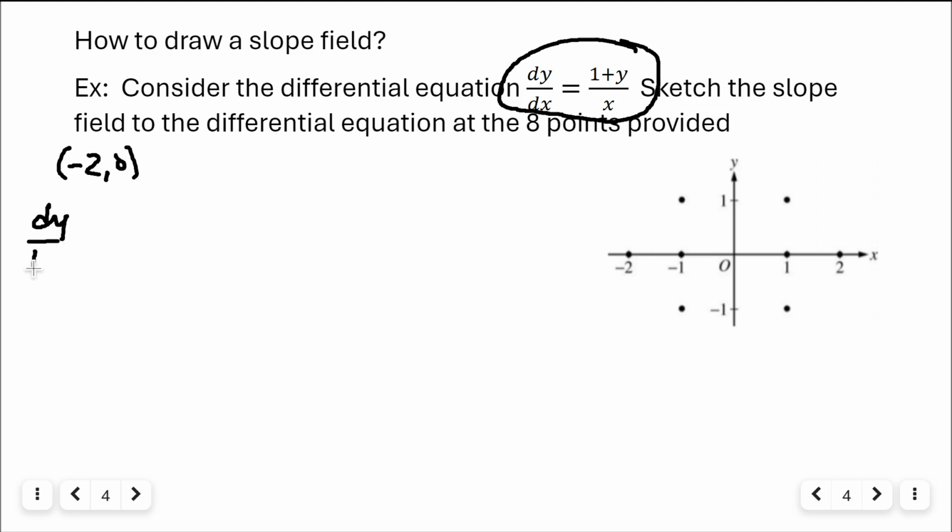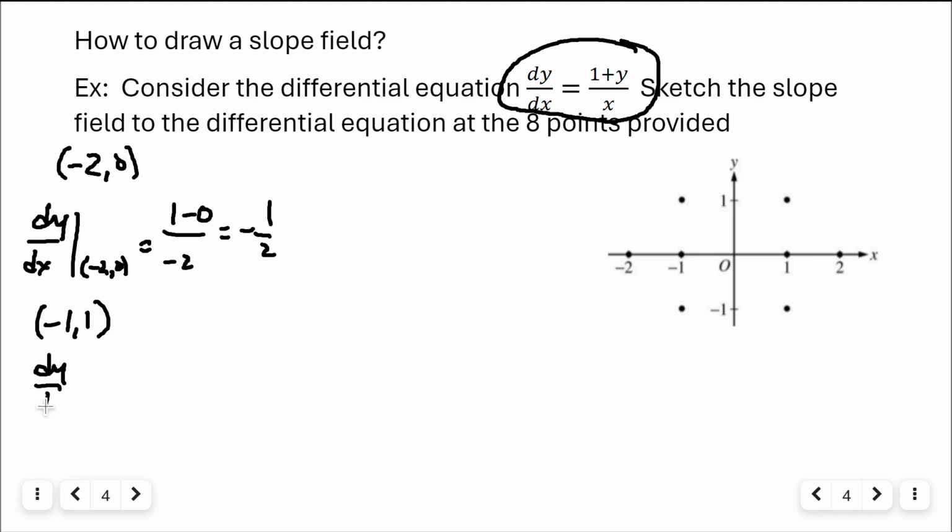So dy/dx at (-2, 0) would be 1 minus 0 over negative 2, so negative 1/2. Okay, let's keep going. We're going to evaluate all of these, and then we'll draw them all on the plane over here. So let's go to (-1, 1). dy/dx would be 1 plus 1 over negative 1, so negative 2.